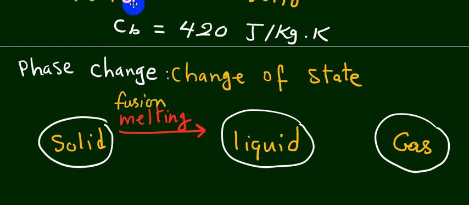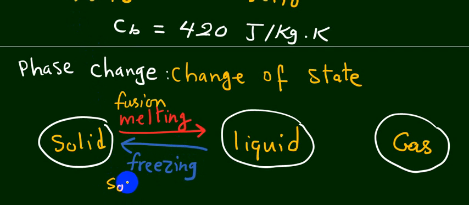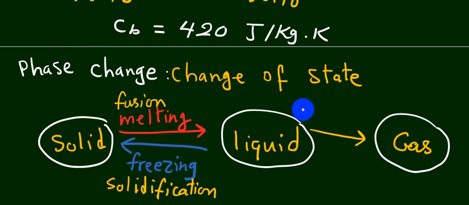And the opposite, from liquid to solid, is called freezing or solidification. The change of liquid into a gas is called evaporation or vaporization.